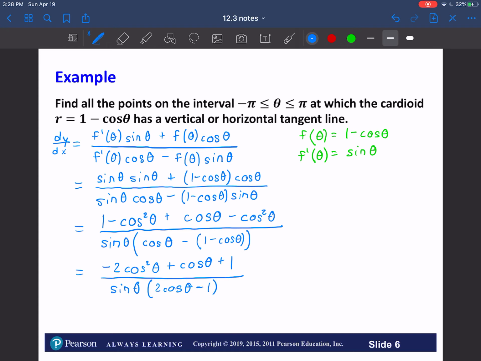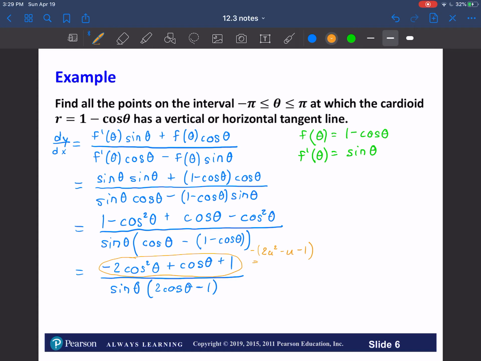Alright, and we actually can factor the numerator as well. Notice that this numerator can essentially be written as 2u squared minus u minus 1 if we factor out that negative, where the u is cosine of theta.